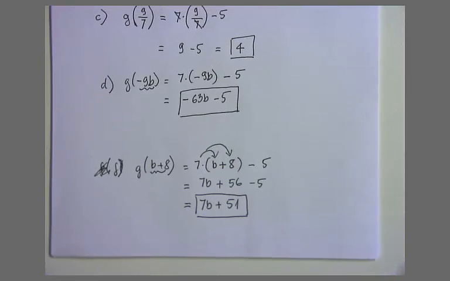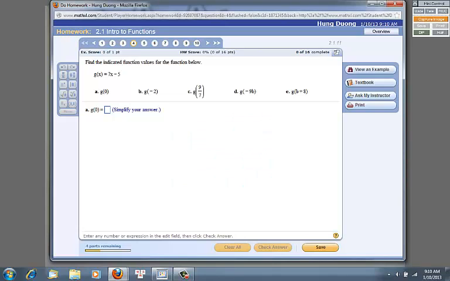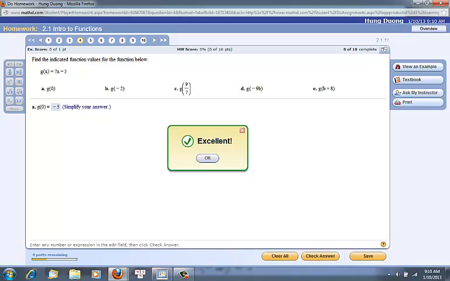Okay, so now if I switch back to the Course Compass problem, and let me maximize this problem here. Part A I found earlier; if you look back at the video, I found that the answer is -5. Make sure you type in your most simplified answer. Check the answer, and yes, Course Compass did like that.